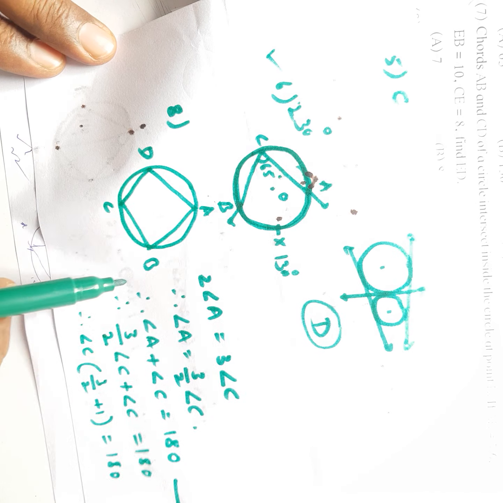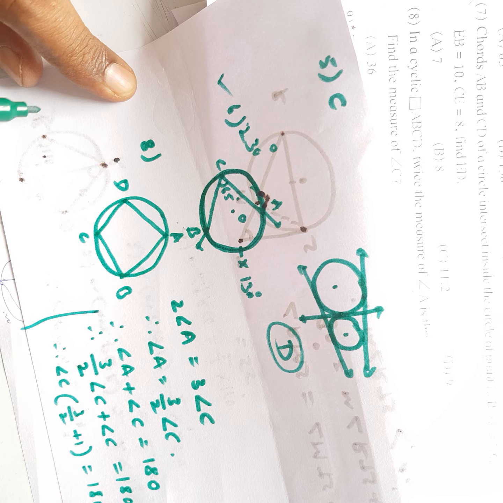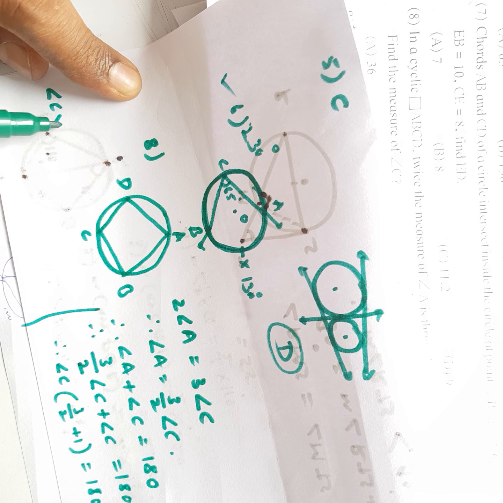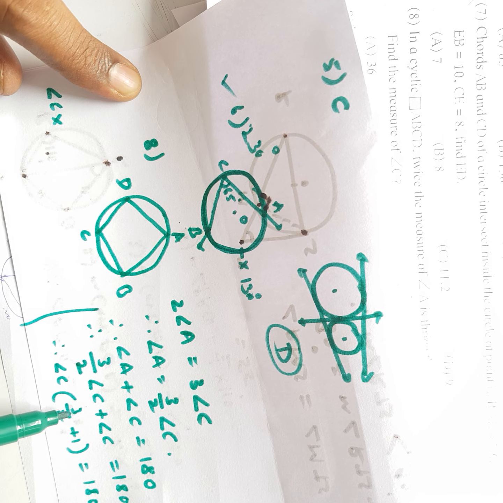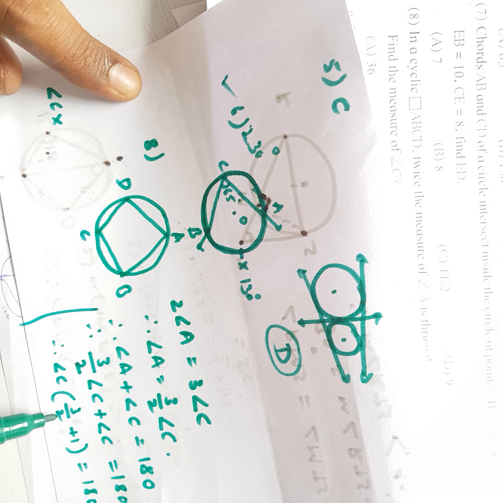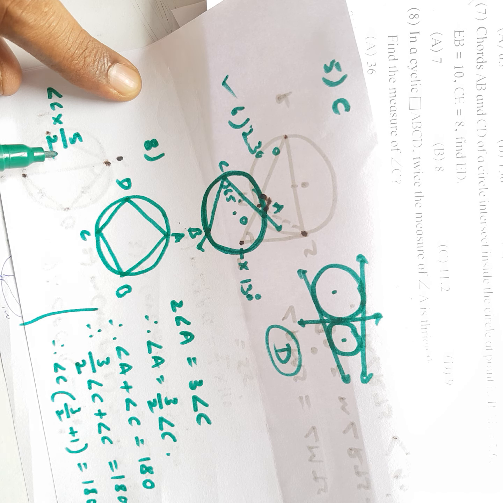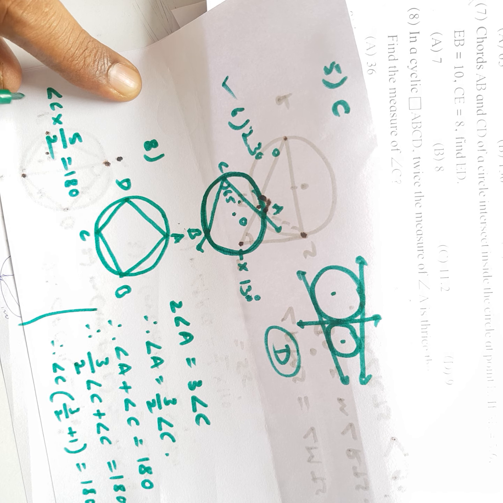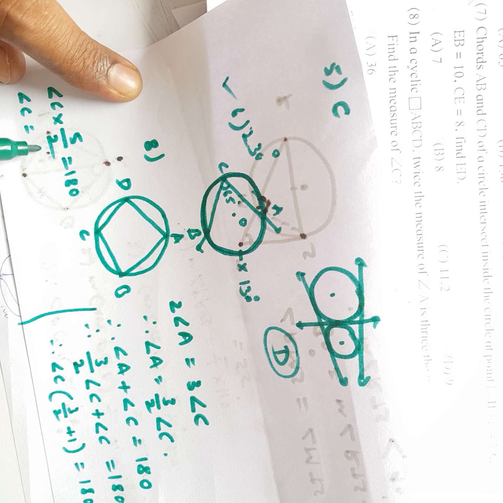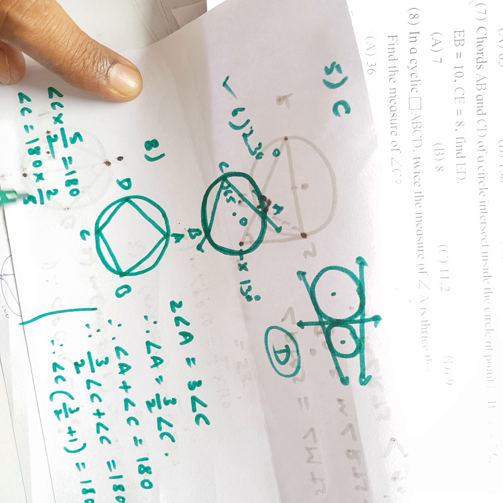See here, angle C into 3 upon 2 plus 1, that is 5 upon 2, is equal to 180. Therefore, angle C is equal to 180 into 2 upon 5.